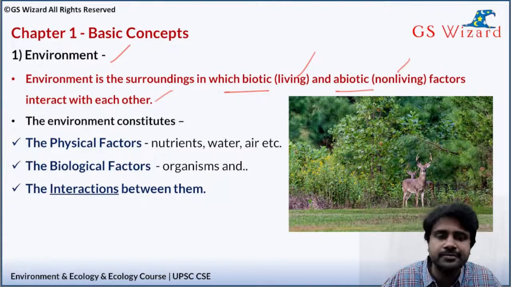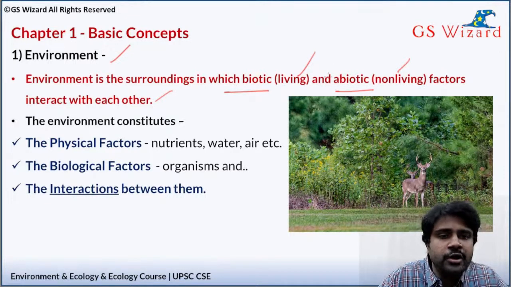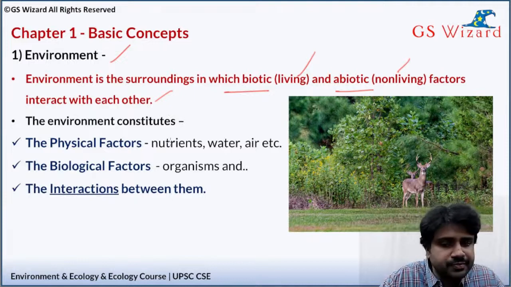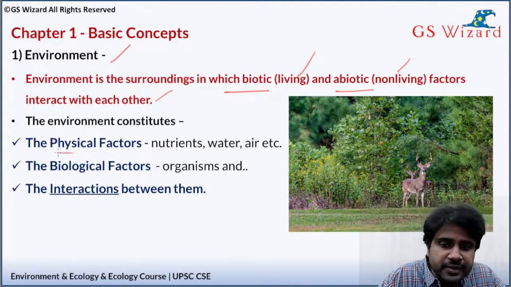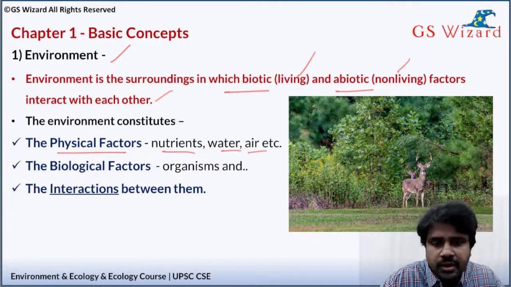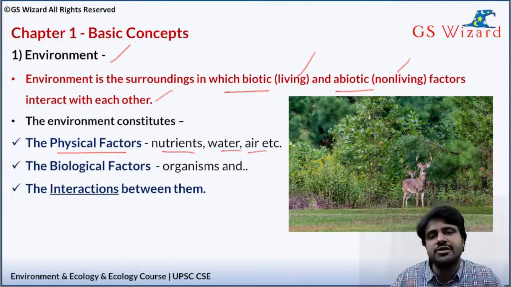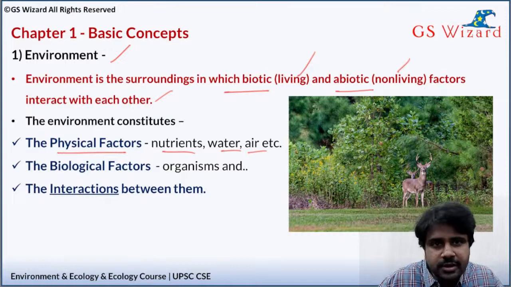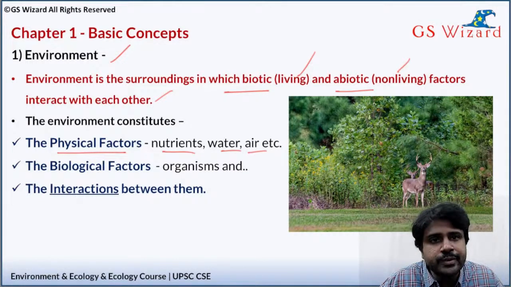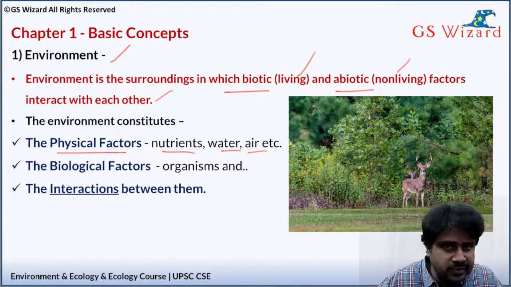As simple as that. Now, forget about biotic for some time. Focus on abiotic. When I say abiotic, these are the various things. First, physical factors, that is nutrients, water, air, etc. Now, what do you mean by nutrients? Nutrients are nothing but the chemicals which will help an organism to live, to grow and sustain its life processes.